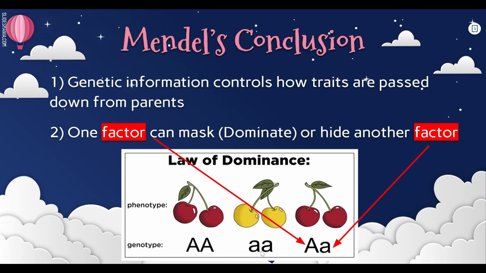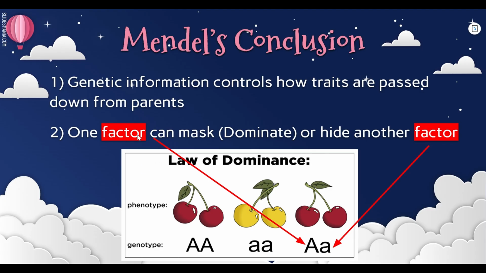And then here you have homozygous recessive, homo because they are the same, little a, but recessive because they are lowercase, right? And then here you have heterozygous, and hetero again means different. So you have a different one because you have a capital one and a lowercase one, or a dominant one and a recessive one.